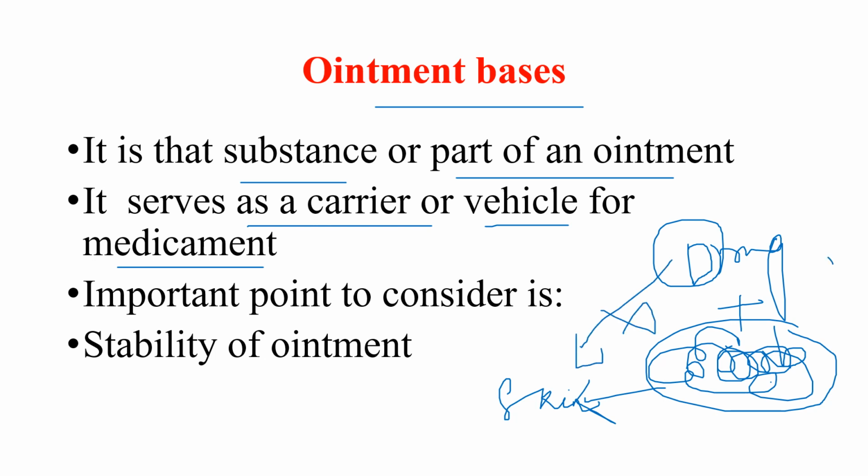I mix the drug with the ointment base, make it a very smooth cream, and this smooth ointment I will be applying onto the skin for local action or for systemic action. Okay, but one of the important points you need to consider is the stability of the ointment.